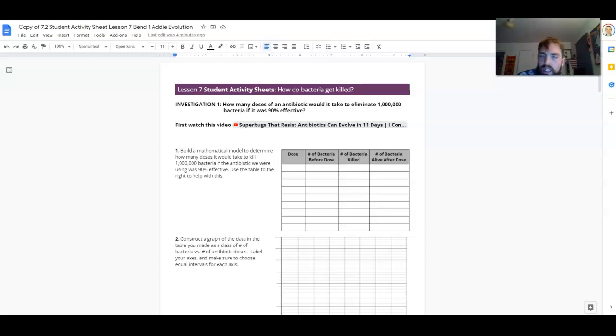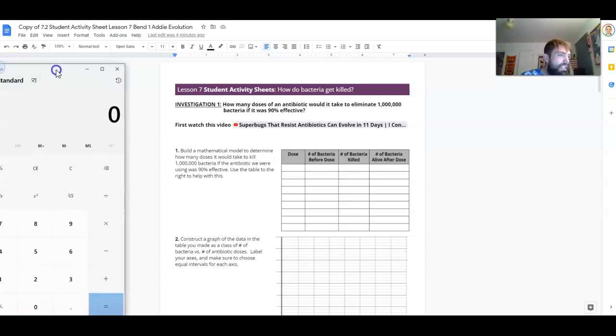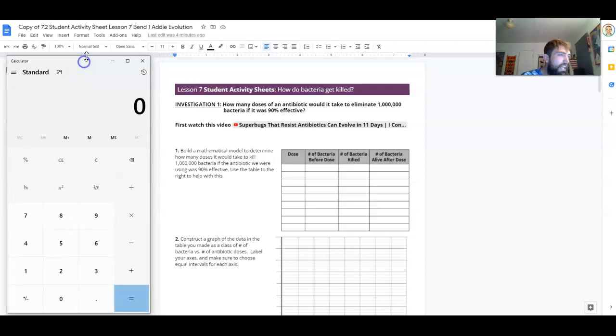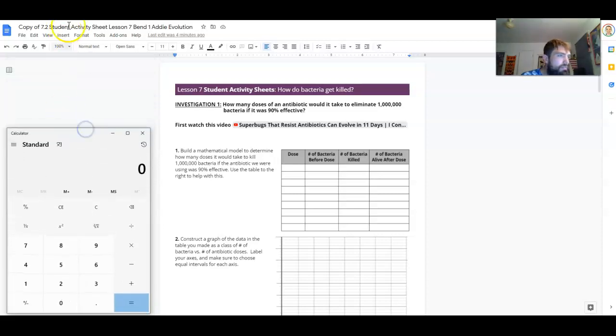So we are going to look at what if we had 1,000,000 bacteria and we're using an antibiotic that's 90% effective, how much bacteria will it kill? So here's our handy dandy calculator.